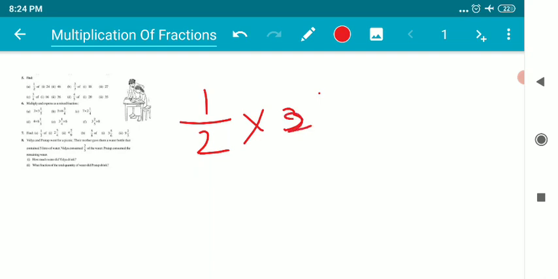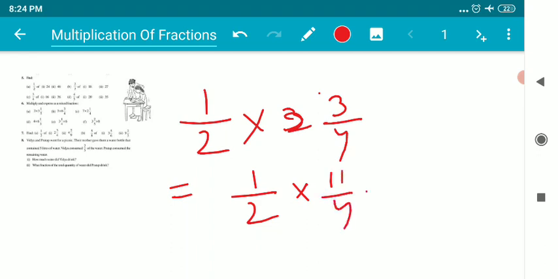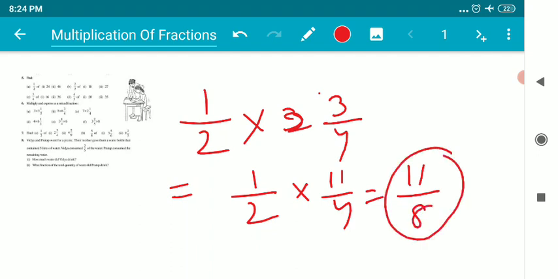So this is to be calculated: half into 4 2s are 8 plus 3, 11 by 4. Answer is 11 by 8. And I believe everyone can convert this improper fraction into a mixed fraction. So children, all these sums are related sums. In this way we will get an answer.